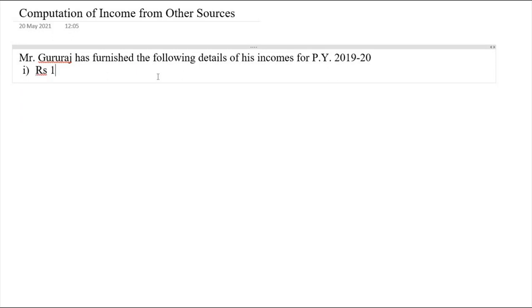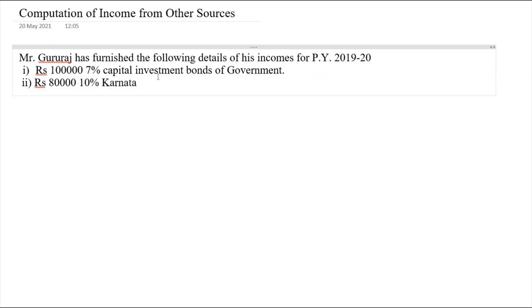Amounts in rupees. First, 7% capital investment bonds of government. Second, rupees 80,000, 10% Karnataka government bonds.